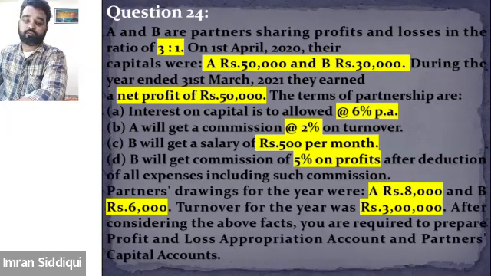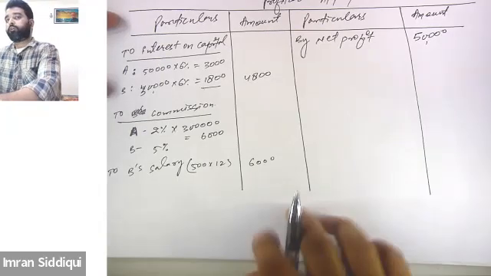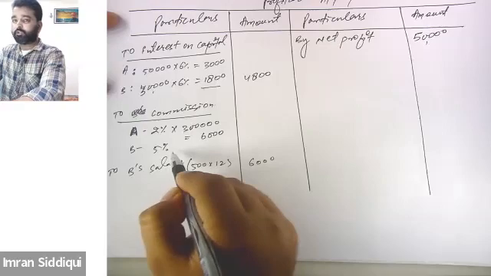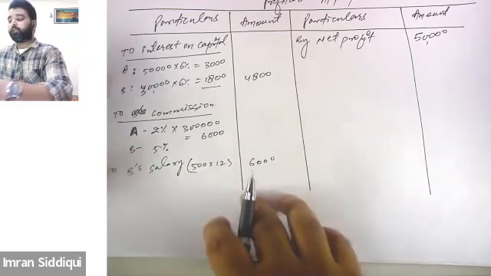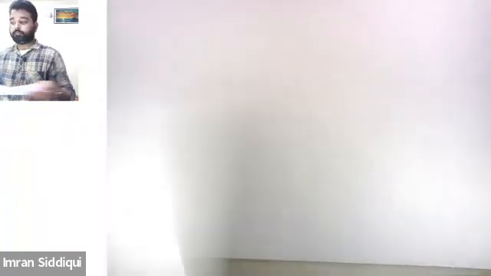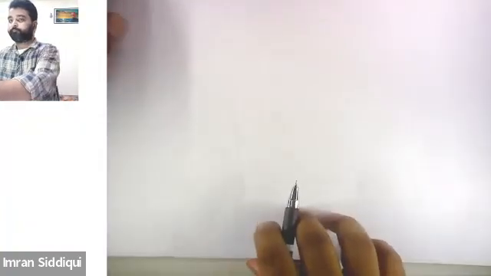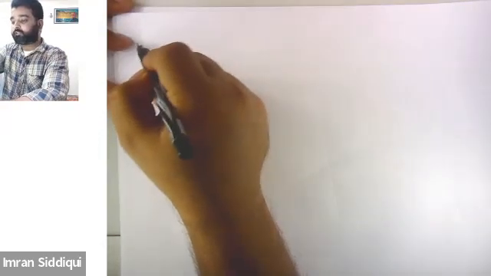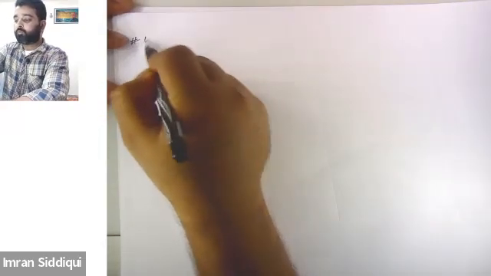So for that purpose, we will prepare a working note. To find out B's commission, we need to prepare a working note. So I'm preparing a working note. I want all of you to be very, very attentive. This is very, very important. Working note number 1.